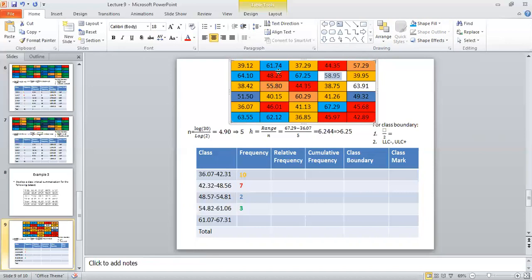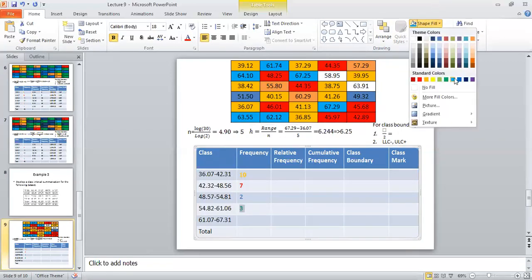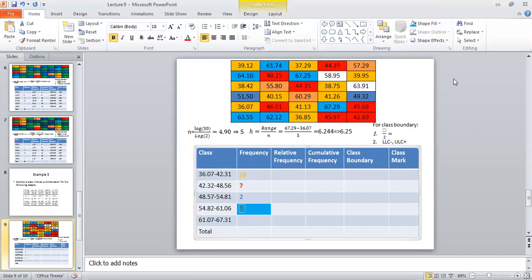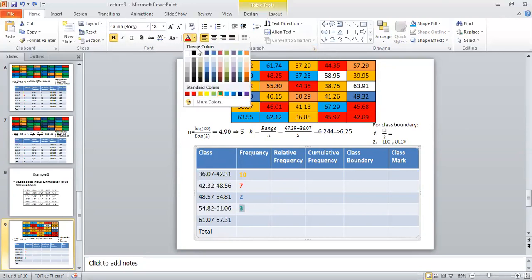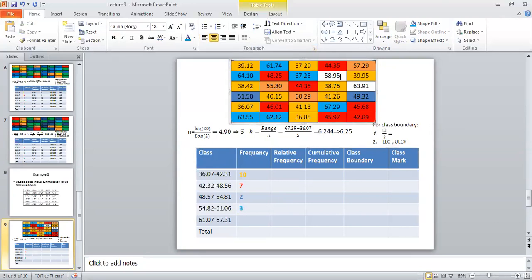And I just want to correct this one as well. The font color should have been not green, rather it should have been blue. Sorry, the font color should have been blue. Oh yes, it's better now. So 54 to 61.